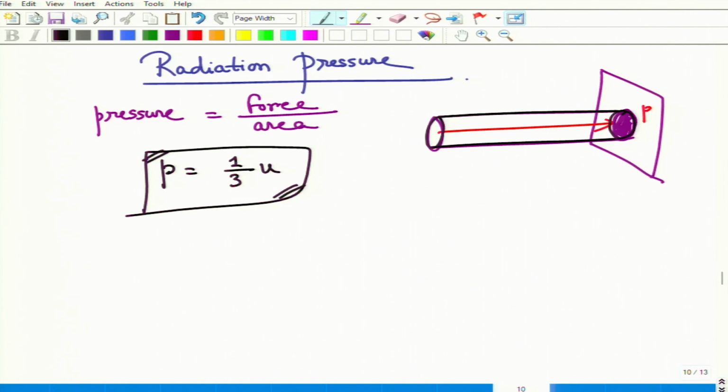If we check the units, it is consistent. What is the unit of the energy density U?